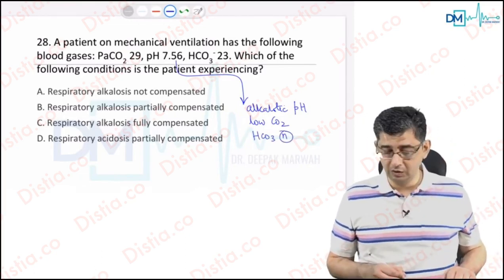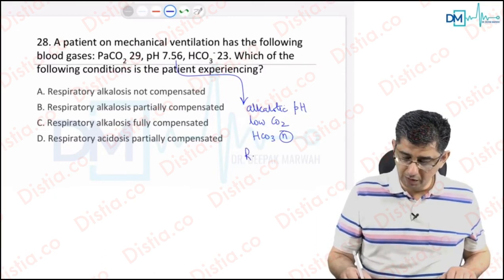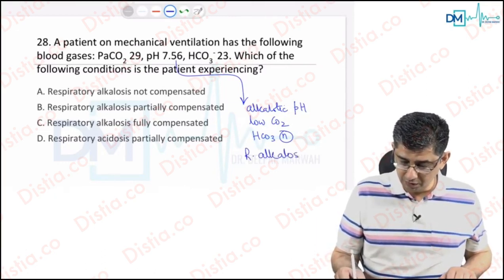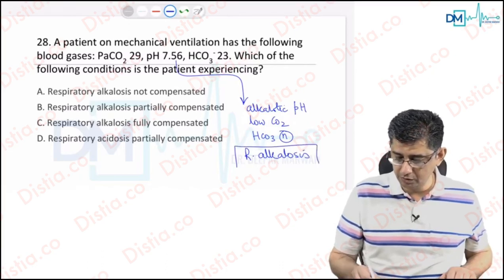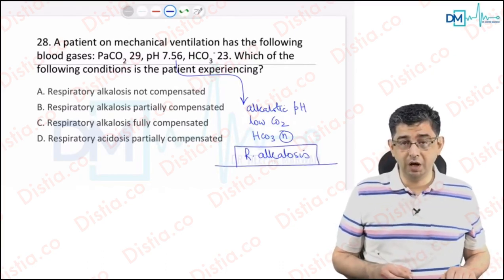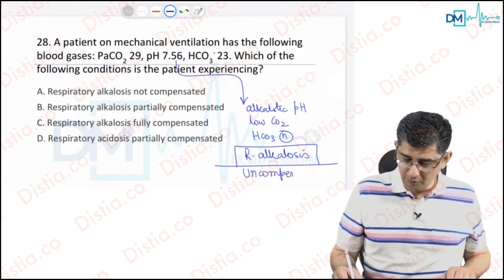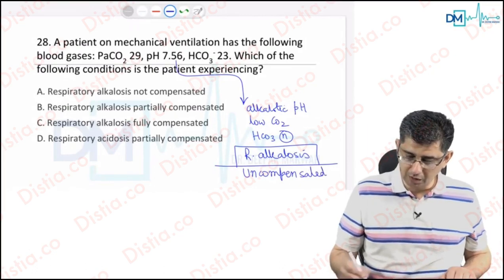This means that in this person there is a respiratory alkalosis developing. There is hyperventilation going on due to mechanical ventilation, so he is losing carbon dioxide. But at the moment the bicarbonate values have not begun to reduce. So therefore in this fellow there will be an uncompensated respiratory alkalosis.